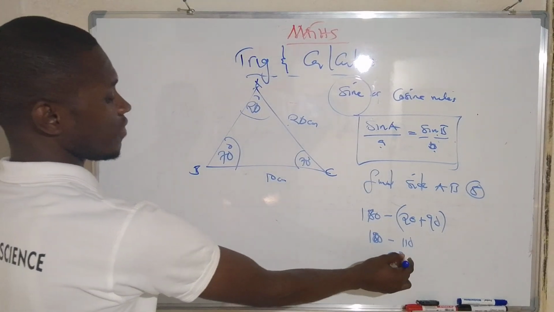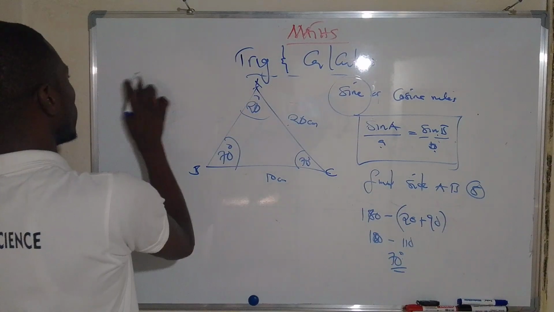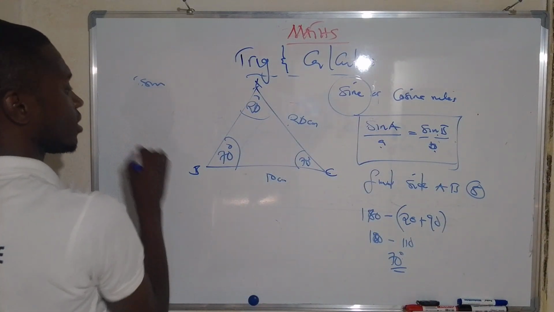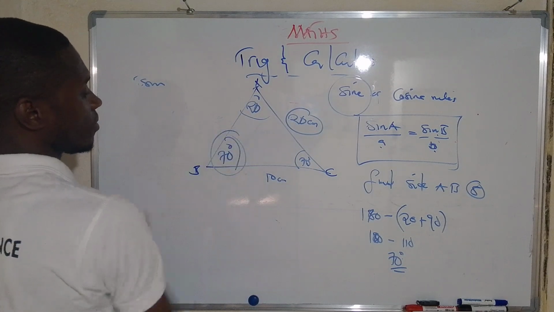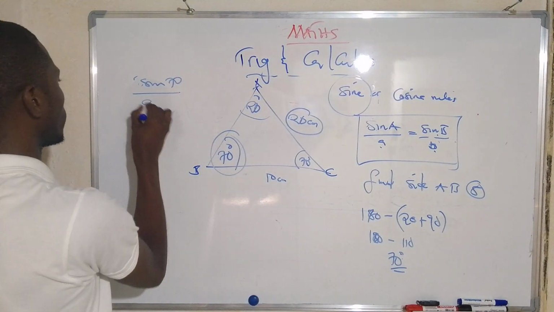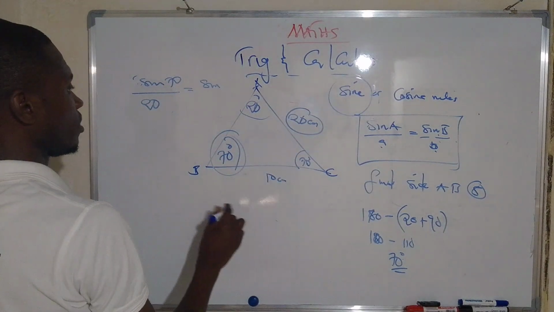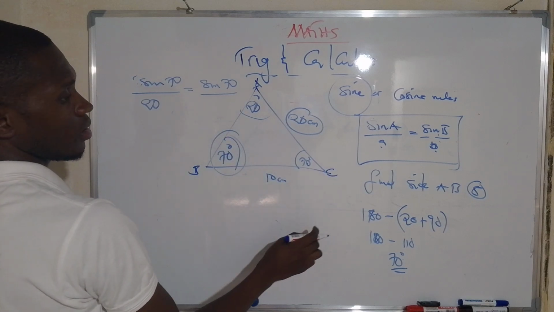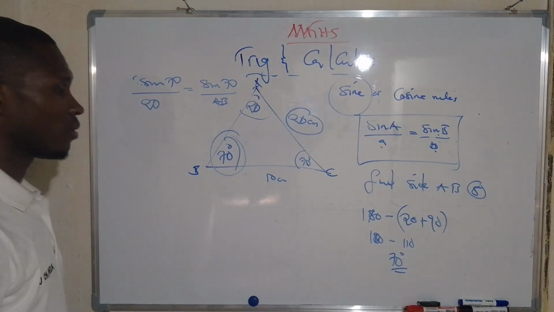So now, after you have this, then you can look for this. Either these go up or these come down, the answer will be the same. Sine. So let's get this one. Sine 70 over 20 is equal to sine 70 again over AB, the one you're looking for.